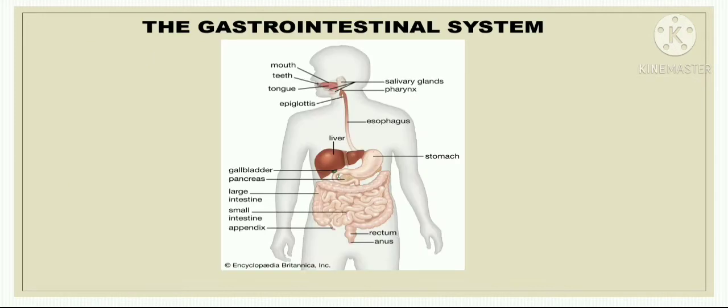The gastrointestinal system includes the mouth, teeth, tongue, salivary glands, pharynx, epiglottis, esophagus, stomach, gallbladder, pancreas, large intestine, small intestine, appendix, rectum, and anus.